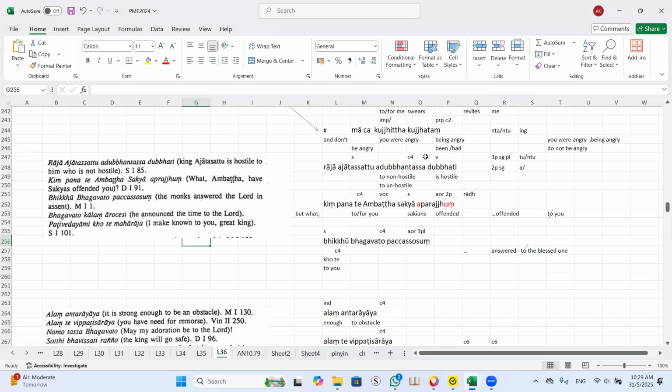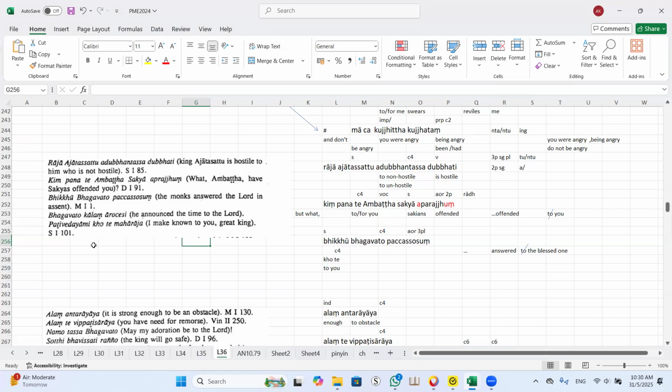Is hostile to them. You either put a non-hostile, but here you put not. This one also I'm not too sure. I will check the dictionary. I change it to hostile, not hostile. I put non-hostile. It's not hostile. It's something like that, or unhostile, because this is a verb. That is how you translate.